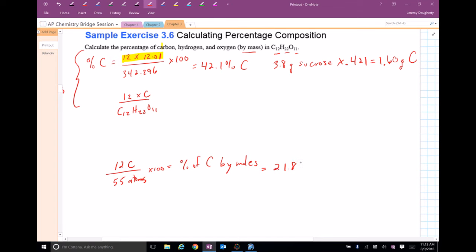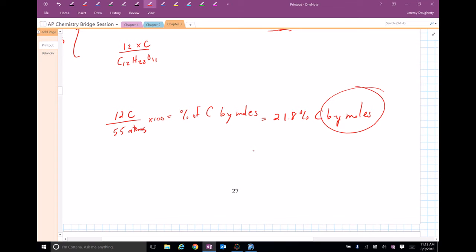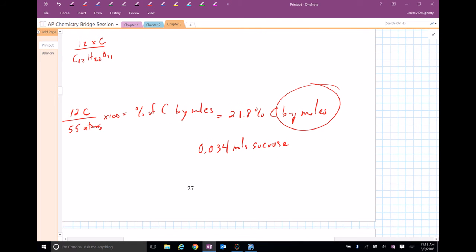carbon by moles. Now, you got to be careful with this because it's by moles. So if I have 3.8 grams of sucrose, I can't figure out my percent of carbon by moles if I have 3.8 grams. Now, if I had something like 0.034 moles of sucrose, then I can figure out my moles of carbon, because I can multiply by 0.218.